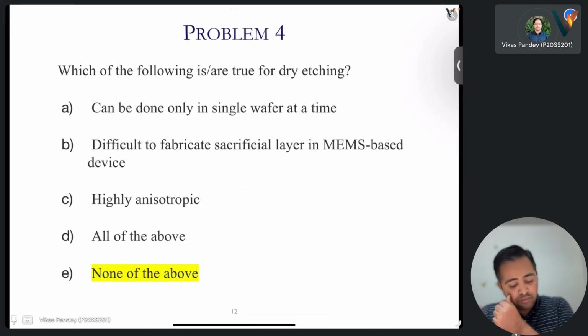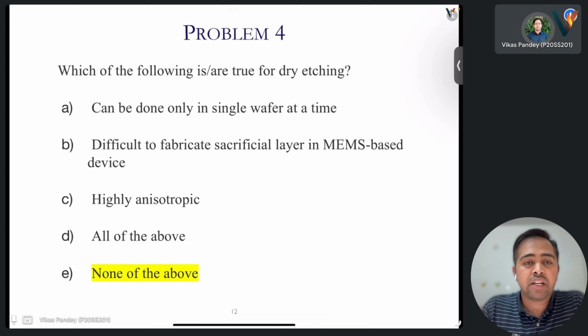So none of the above is true for dry etching. Why? Because we can have multiple wafers at a time, and we can even create sacrificial layers in MEMS-based devices using dry etching.